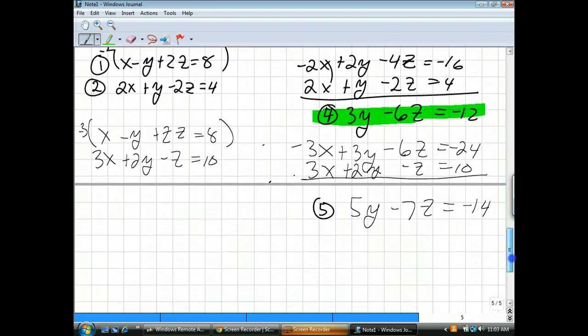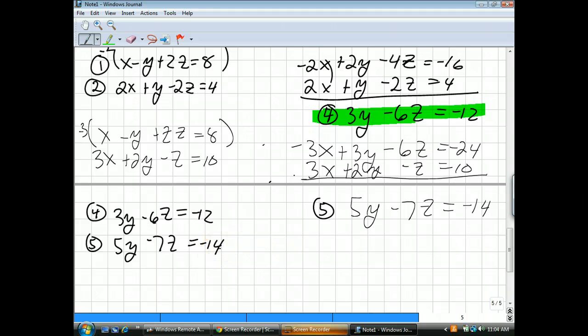So now take equation 4, which is 3y minus 6z equals negative 12, and equation 5, which is 5y minus 7z equals negative 14. Now in this case, to eliminate the y, I'm going to have to multiply this one by, say, negative 5, and this one by a positive 3. So that's going to give me negative 15y plus 30z equals 60.